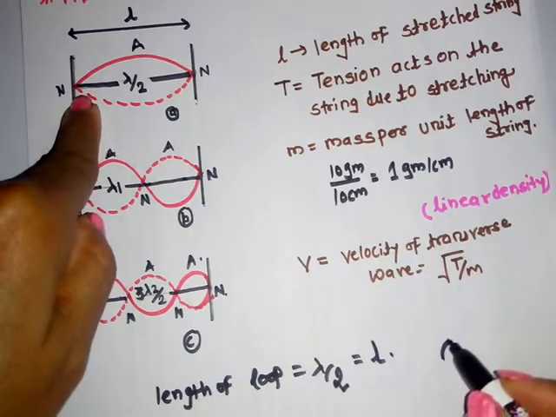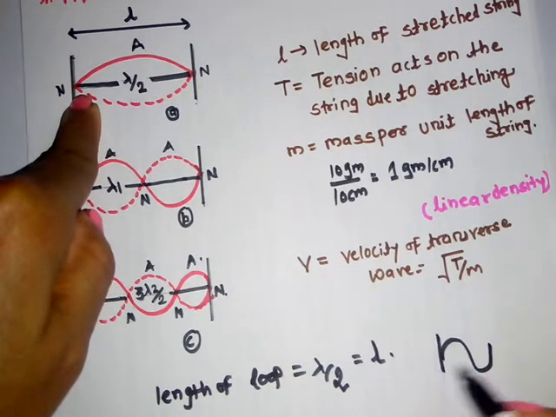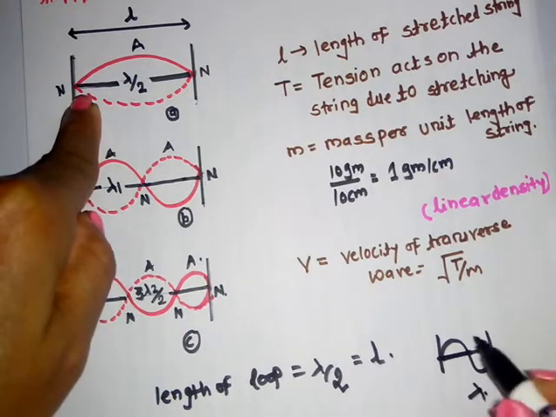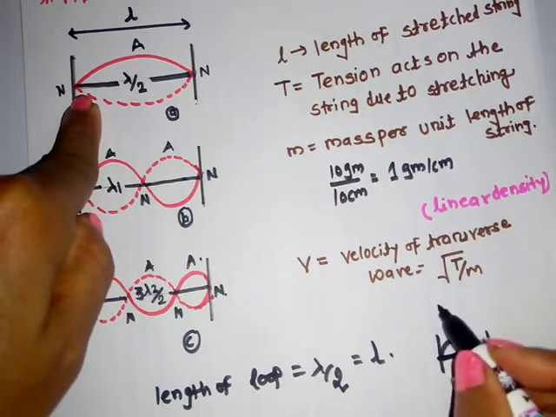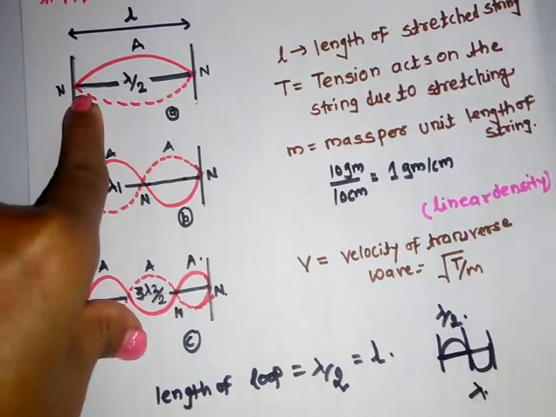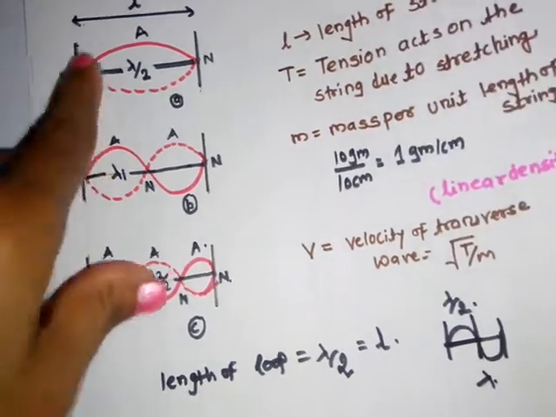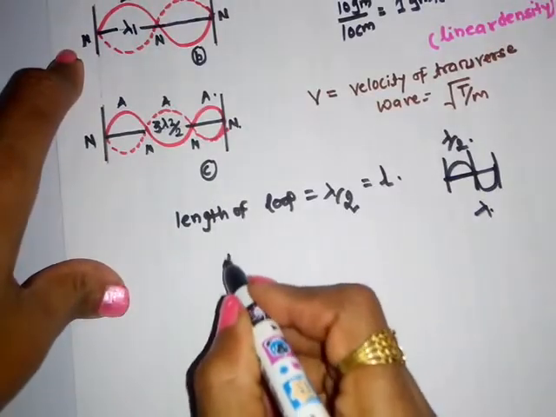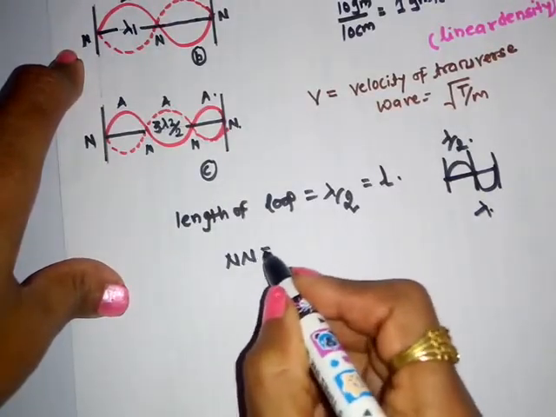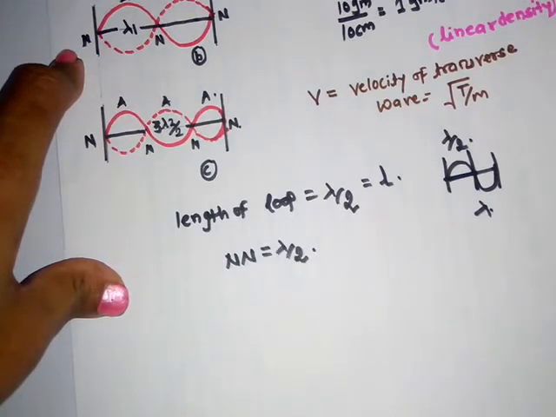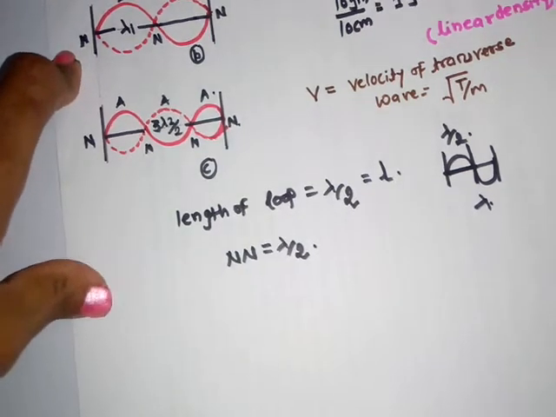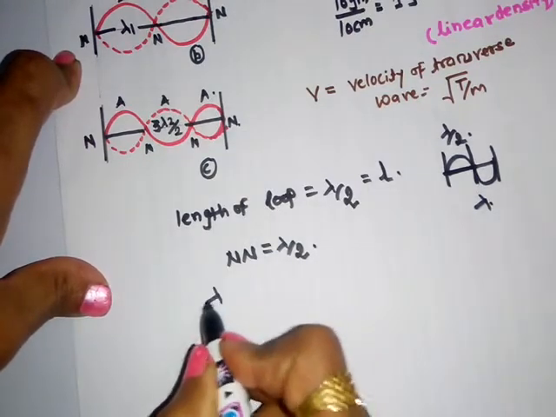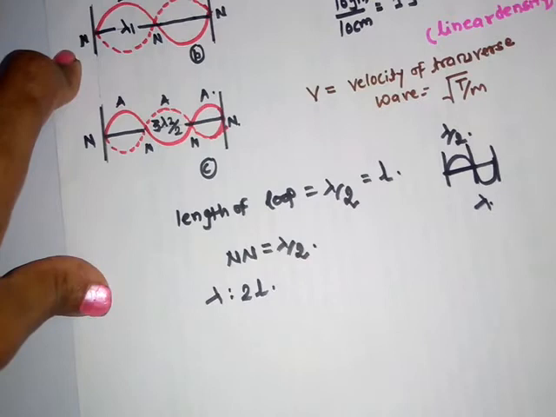We know very well for one wave the wavelength is lambda, then for a half wave it is nothing but lambda by 2. Also, we know the distance between two nodes is lambda by 2, meaning the distance between node and node is also lambda by 2. So, here lambda by 2 is equal to L, then lambda is equal to twice L.